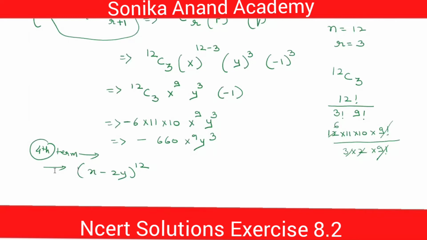Here the answer is like in the book. In the book, the answer is negative 1760, x to the power 9. Answer is in negative because we have minus 1 to the power cube. So answer must be in negative.